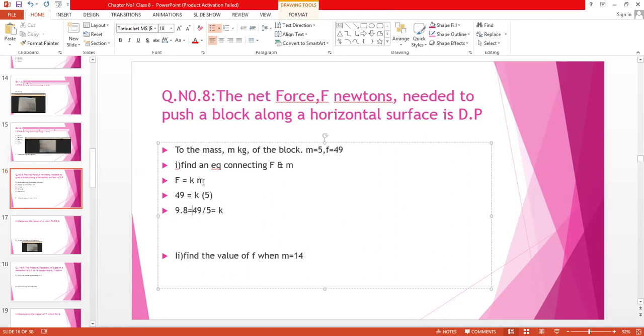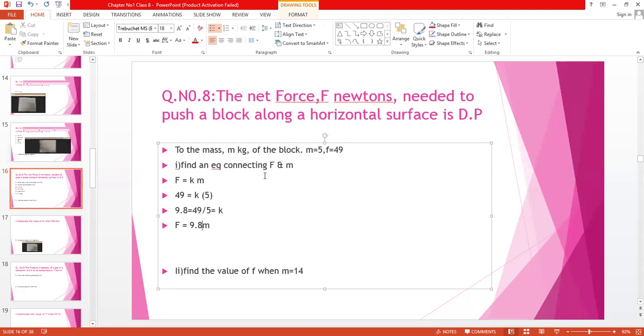Now I have to connect this. So instead of writing K, I have to write its value, that is 9.8. So F is equal to 9.8M. Now look at the question. The net force F is directly proportional to the mass M. And if M is equal to 5, F is equal to 49.